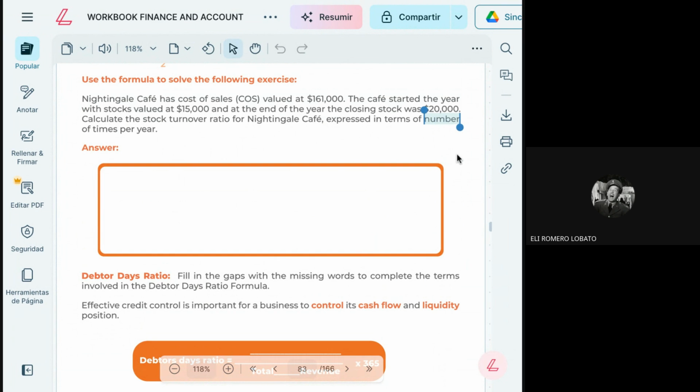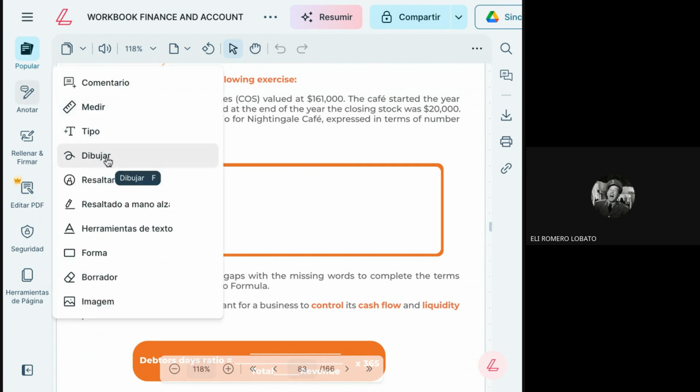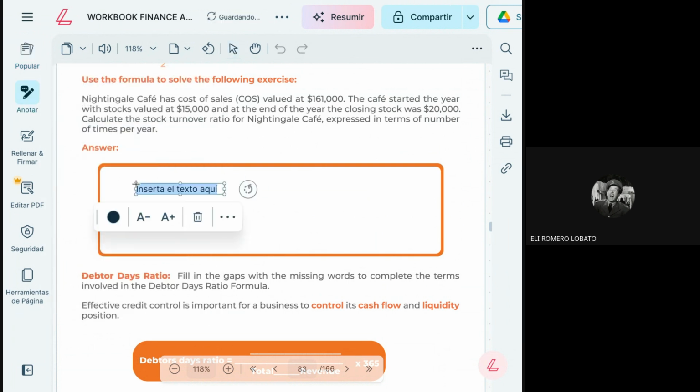Okay? Remember that to answer this, we have two formulas according to a stock turnover ratio, times or days. But in this specific case, let us know about the use of times per year. In order to answer, we should start first of all with the average stock.